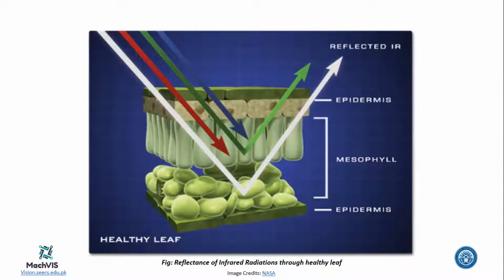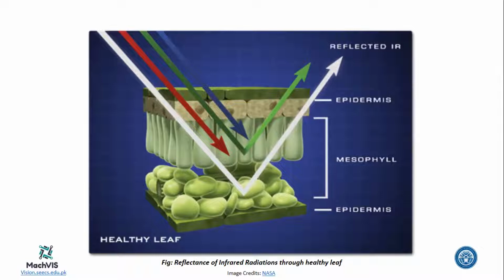No reflectance of the red light, red band actually. Same goes for blue. But green light is reflected. Most of the wavelengths that belong to the green region of the visible spectrum are reflected.